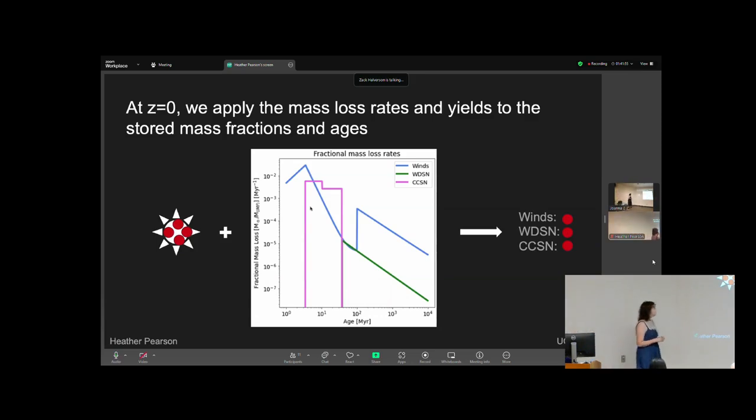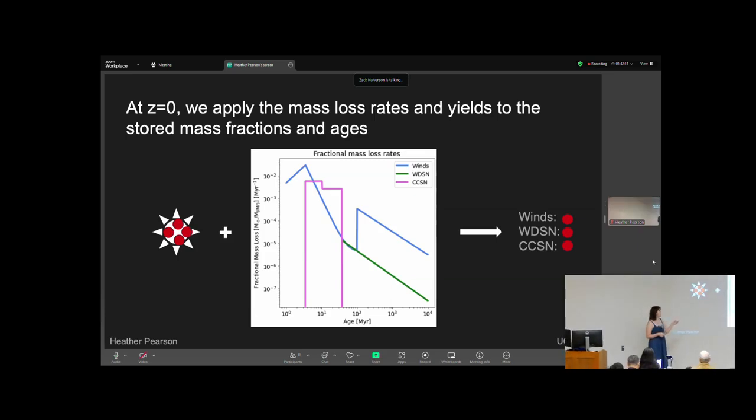First of all, at this point, we can use any set of fractional mass loss rate models, allowing us to explore variations in the models without having to rerun the simulation. And also, since we can input any model at this point, we can input individual channel models in order to recover the proportion of metals present in each star from each channel.